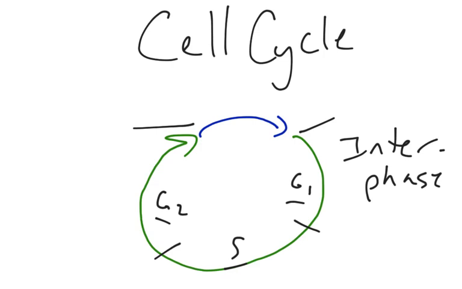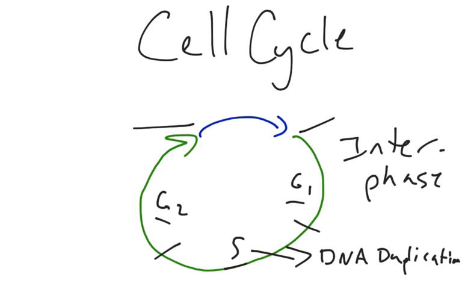And then, when a child gets into their teenage years and high school years and they start to think about dating and what to do for the future, what college they're going to do, they start to prepare for leaving the house. And that's what the synthesis phase is all about. Their preparation. Well, how do they prepare? They prepare by going through DNA duplication or replication in the synthesis phase.